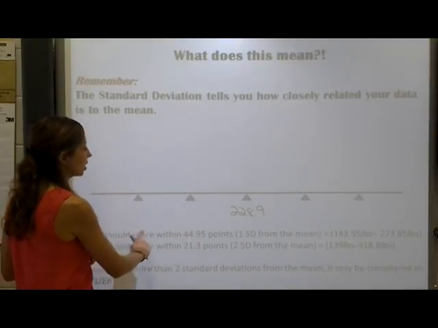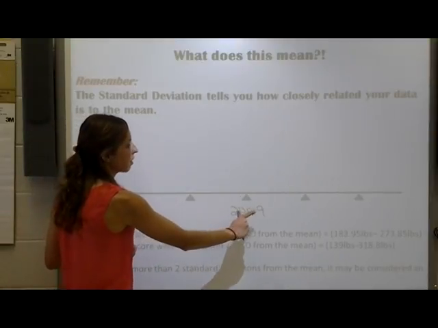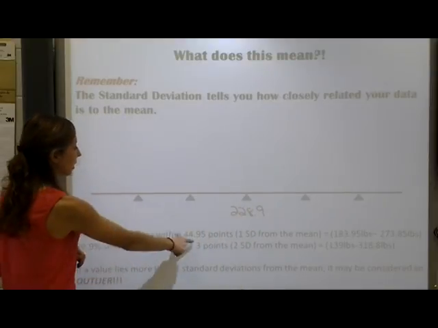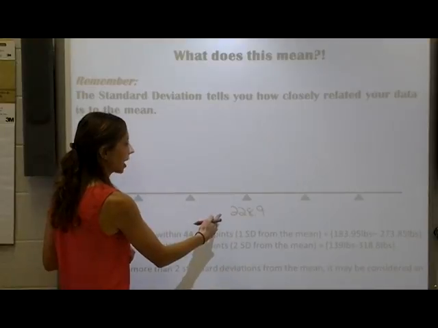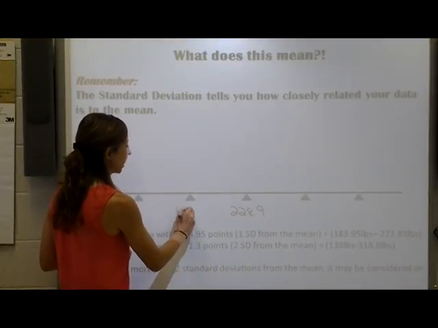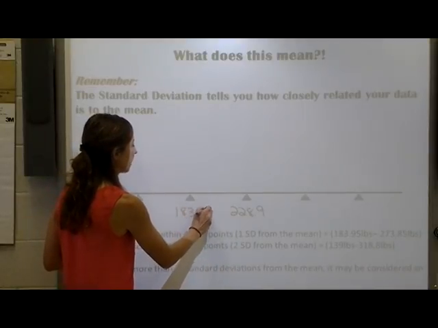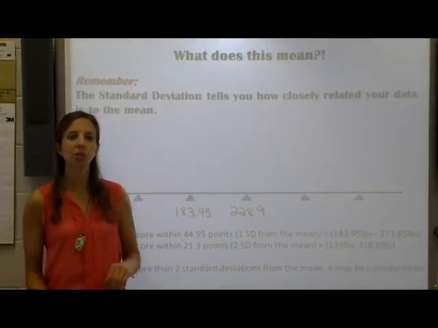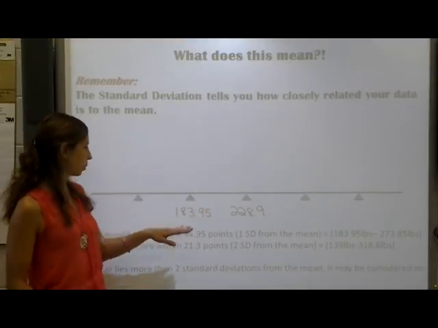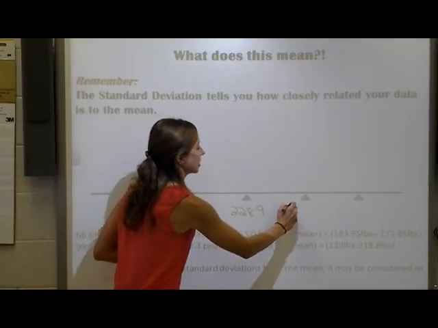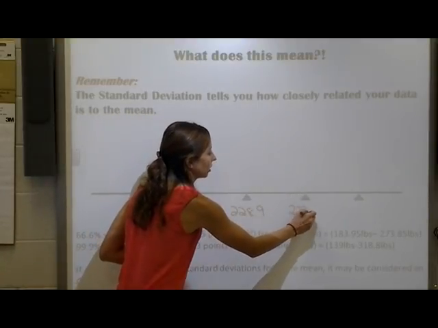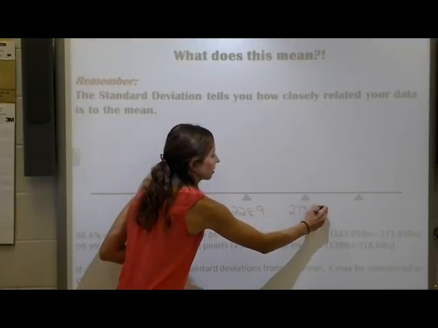To do that, you're going to subtract 44.95 from the mean. So when you subtract that, you're going to get 183.95. And we're also then going to add 44.95 to the mean on this side. That will give us 273.85.